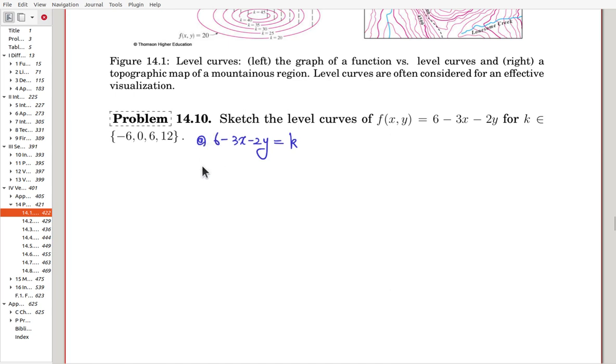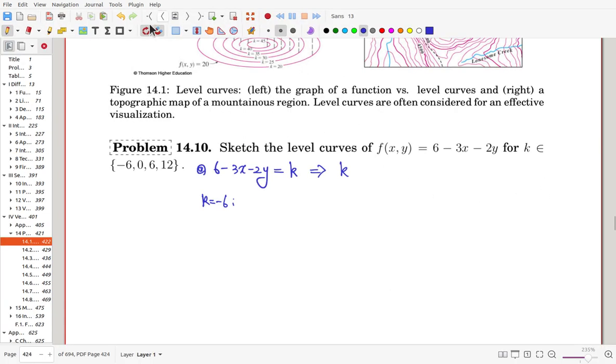Okay, when k is minus 6, then we rewrite this one in this way. 6 minus k equals 3x plus 2y.